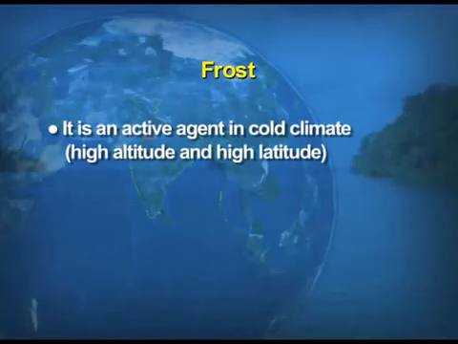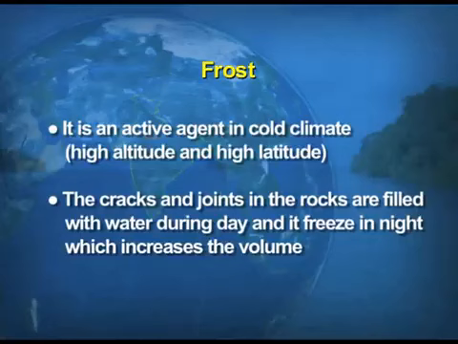Now, the second agent for the physical weathering is frost. It is an active agent in the cold climate. Cold climate can be on high altitude or in high latitude areas. Once the cracks and the joints are formed in the rock, what happens? If the frost water enters into those cracks or joints, then it freezes because of the lowering of the temperature.